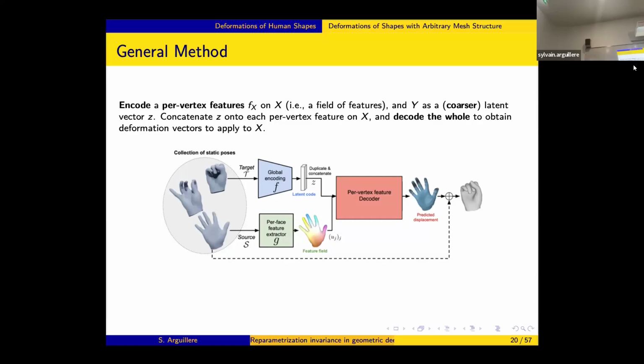Or maybe it's better to use the same notation, U of x. So basically U is a map from S into some R^d. Then you also have some additional information, so some global code.